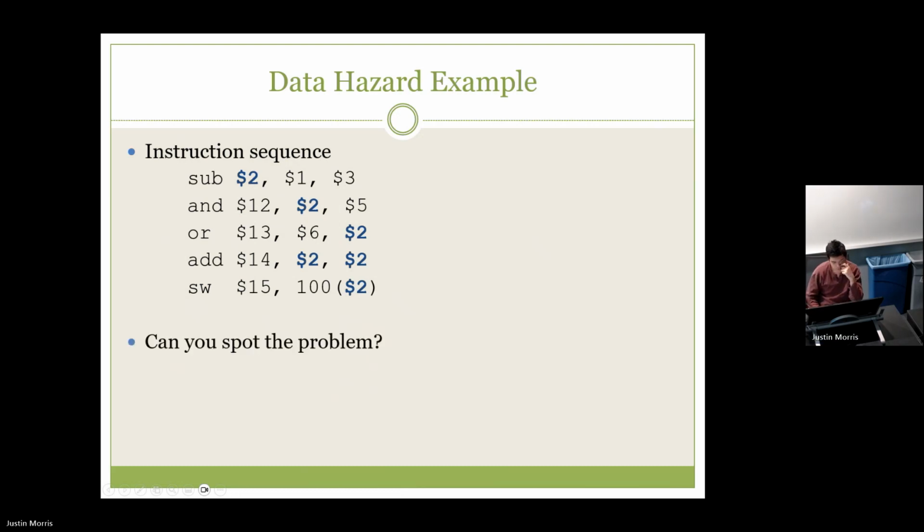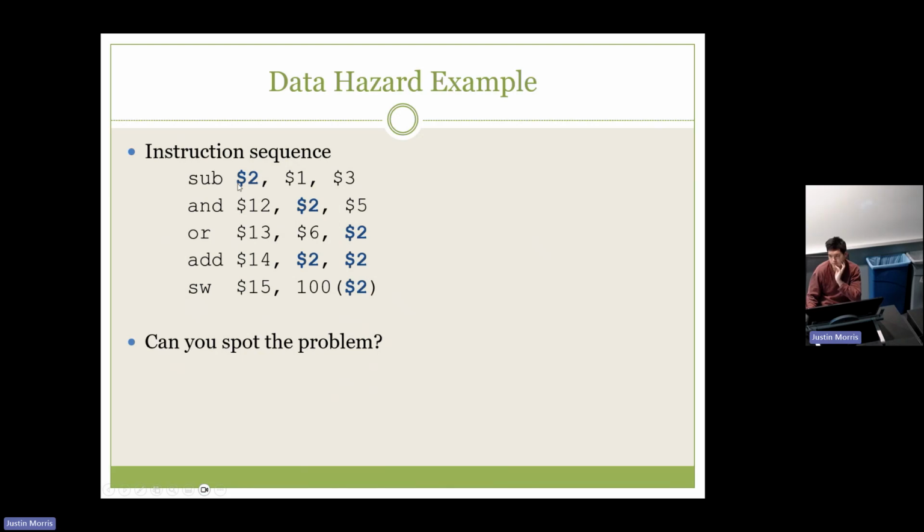So we don't have problems with all of these instructions, right? Where do we have problems with these instructions? Which instructions are going to have issues? I think sub and add. You're talking about the first two? Mhm.